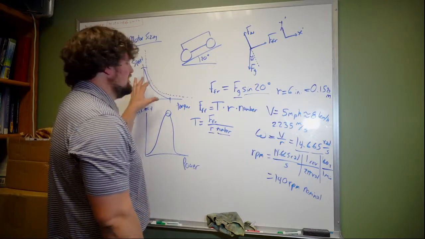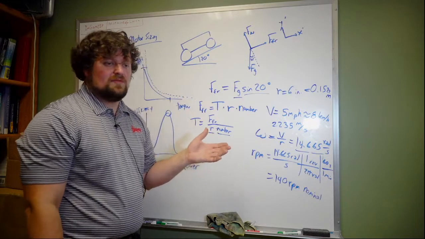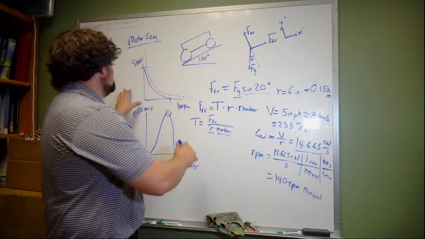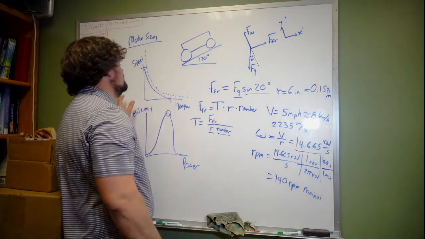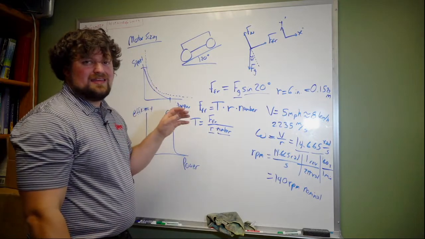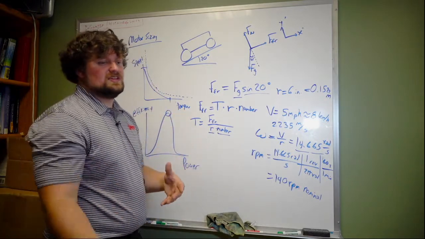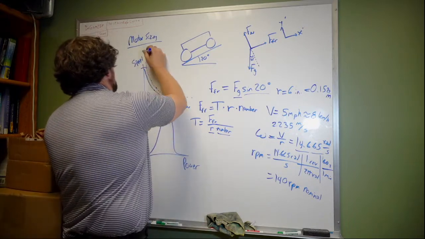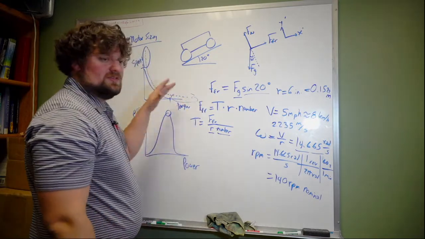So this is kind of an idealized power curve based on if this is a 15 kilowatt motor or a 20 kilowatt motor. But in between here, this is the actual power that's required by the motor, and this is the power that's produced by the motor. So it's kind of the difference between how much power it's consuming versus how much power it's producing, that kind of thing. We never actually deal with this end of the curve or this end of the curve. We're only dealing with this part in the middle.